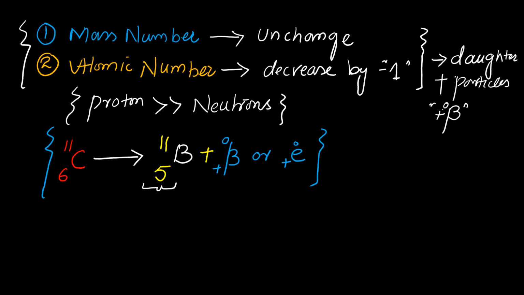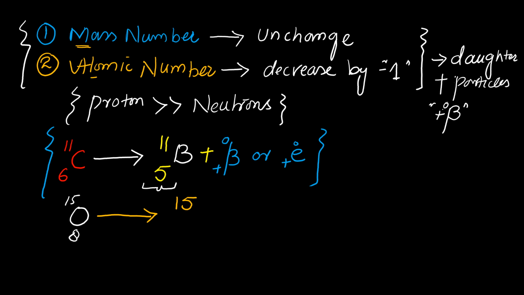Similarly, we can do positron decay for, suppose, the oxygen 15 isotope. Let us apply these two rules. According to the first rule, the mass number of the parent element remains unchanged, so the daughter element will also have the same mass number as the parent element, so the mass number of the daughter element will be 15.